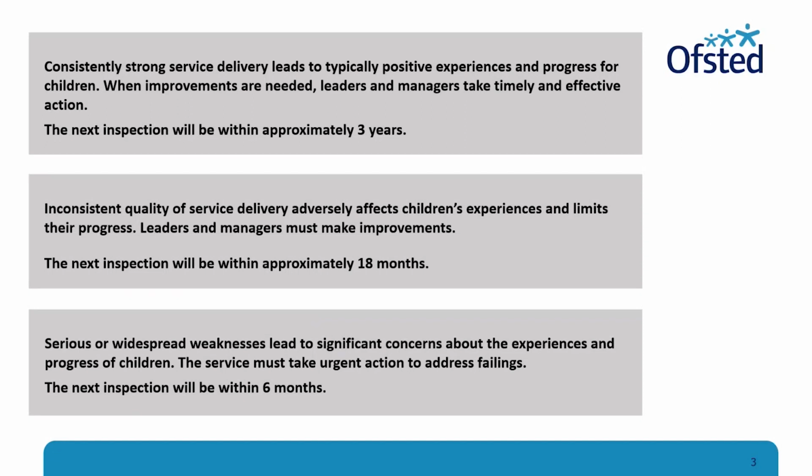Most of you will probably know about the 4-point scale that we have for most of our social care inspections: outstanding, good, requires improvement, and inadequate. For supported accommodation, at least for the first round of inspections, we're proposing something quite different, which is these 3 outcomes on the screen at the moment, which we think provide a little bit more necessary nuance and detail for a sector that is really complicated.